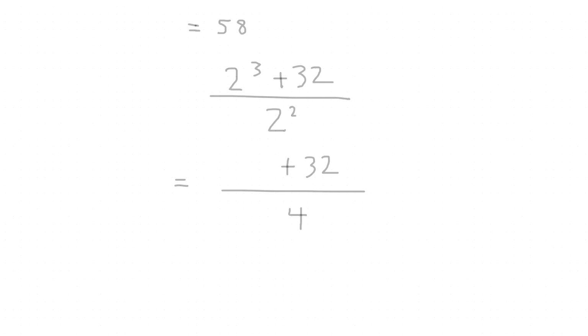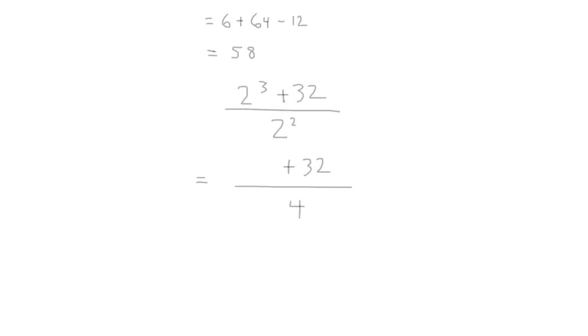Can you see the whiteboard? Yeah. Okay, so what's this number right here? Not 6, but what am I multiplying? 2 to the power of 3, 2 times 2 times 2. Would it be 6?